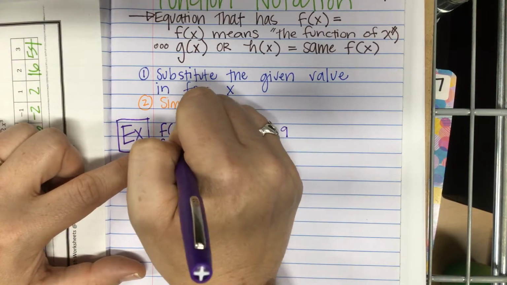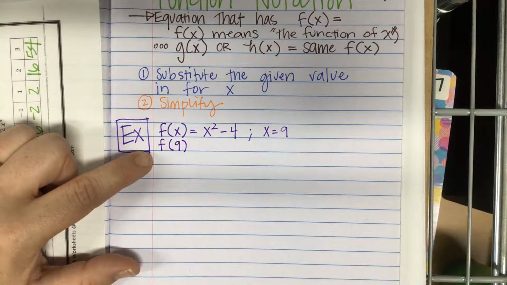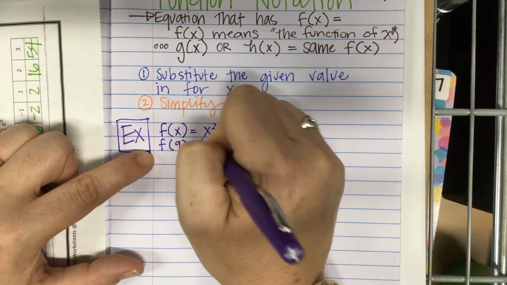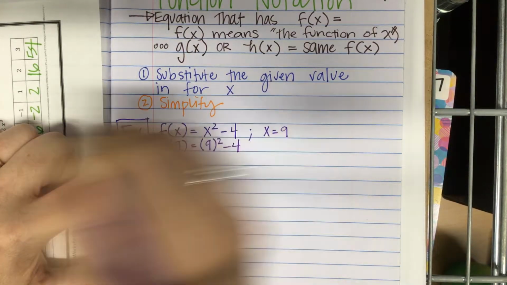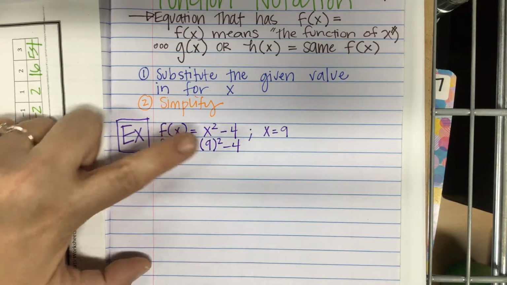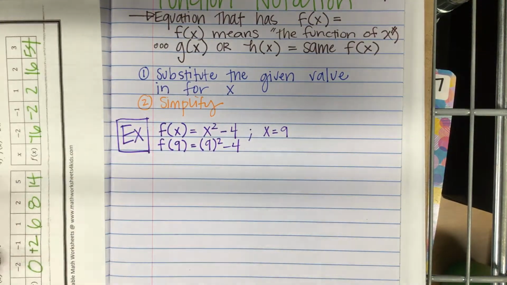The function of 9 is 9 squared minus 4. Can I simplify?